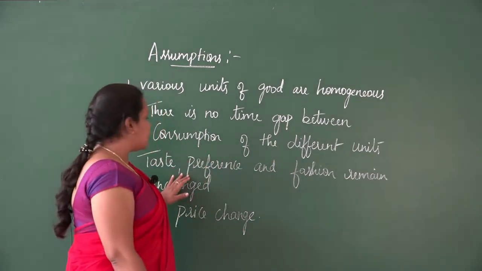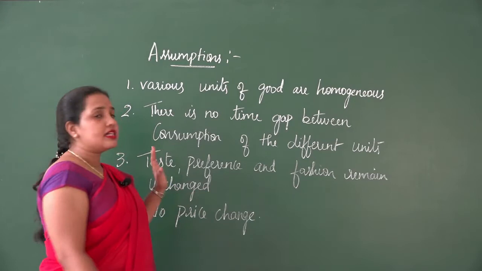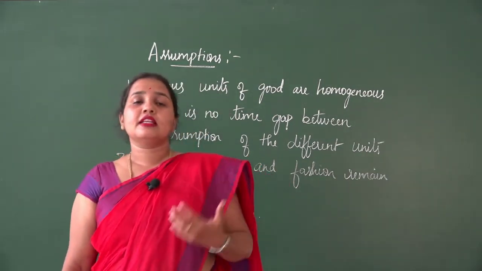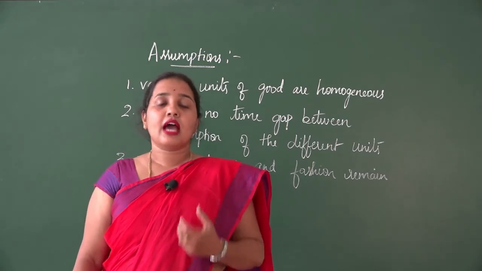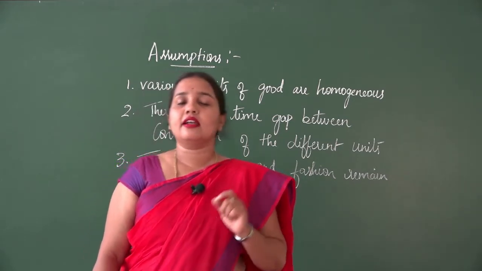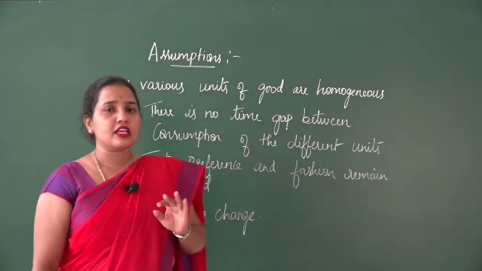The third assumption is that taste, preference and fashion remain unchanged. The taste and preferences as well as the fashion that the consumer has will remain constant. And the last one is no price change. Price remains constant.